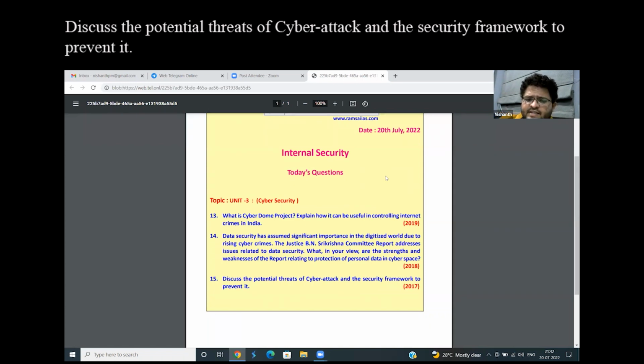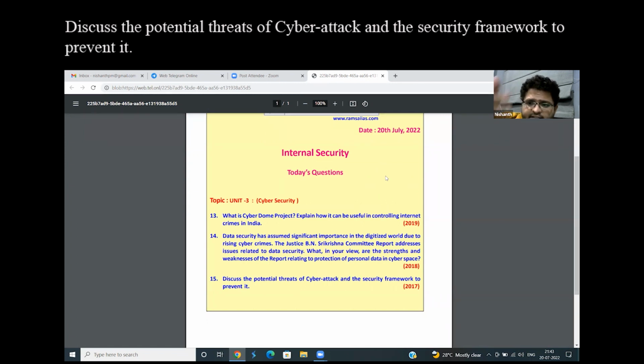And then the second side heading will be the security framework to prevent it. What will be the security framework? You can have the NATGRID, and you can expand the NATGRID for cyber attacks also. Then you can say that we can have a proper cyber policy.